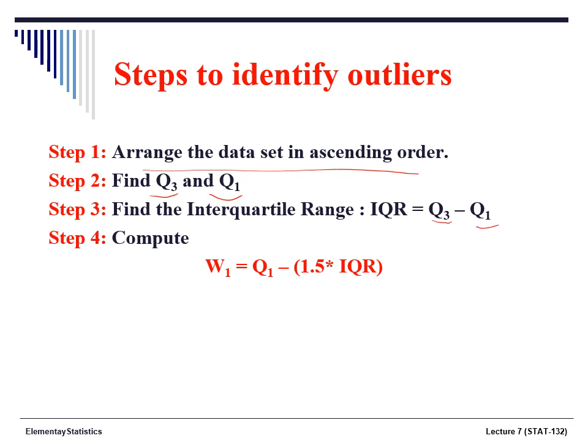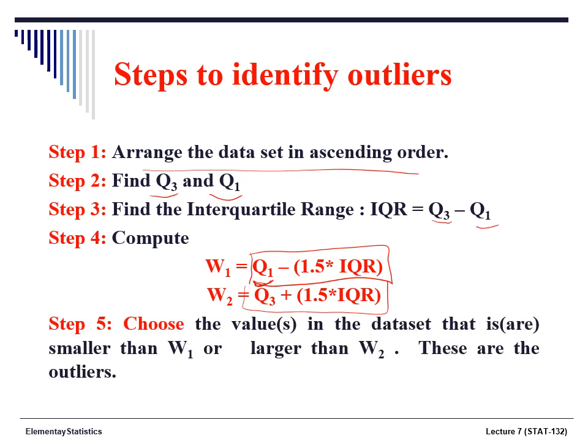We call it W1, so you basically find the first quartile minus 1.5 times IQR, and then Q3 plus 1.5 IQR, and that makes W2. Then choose the values in the data set that are smaller than W1 or larger than W2.